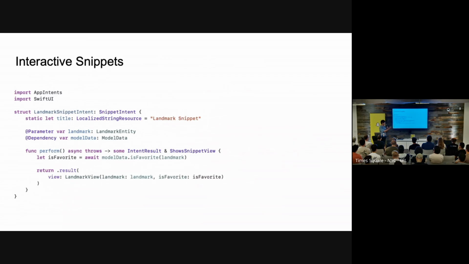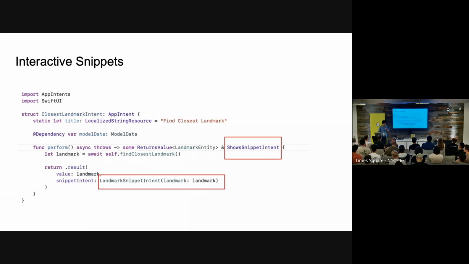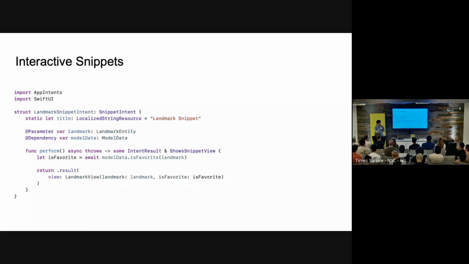And then you're going to define that snippet intent that you just had your app intent return. Again, app intent, snippet intent, they're different things. You have your app intent return a snippet intent. And that snippet intent has a perform method that returns a snippet view. That's your custom SwiftUI view.